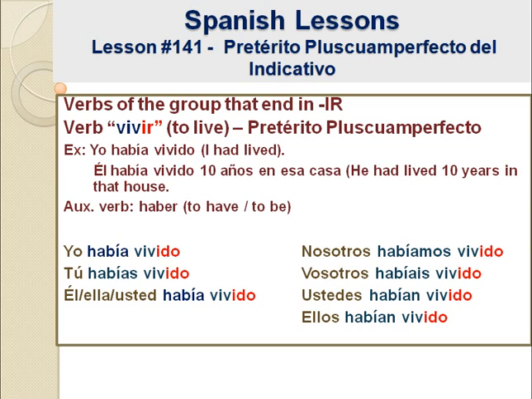Only see how the ending for the second and third groups is ido, I-D-O. And for the first group, it is ado, A-D-O, okay? So the ending changes whether it is the first group or the second and third groups of verbs.